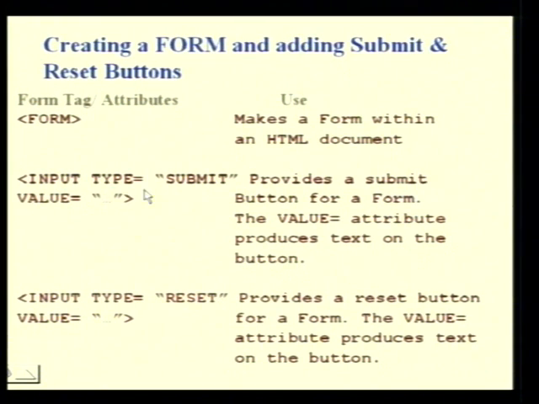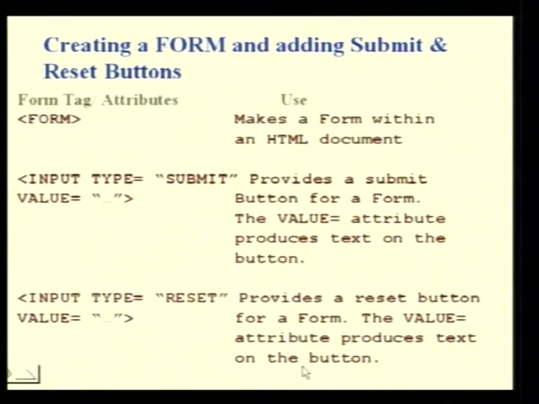When you say type equal to submit, the type could be submit, reset, text area, checkbox, radio button and so on. So that means type has to be a widget type, and the value is an attribute which produces text on the button. This value is normally a variable value used internally.